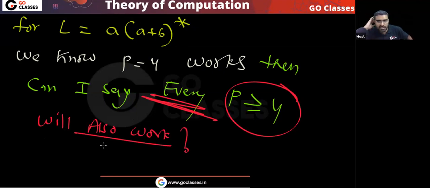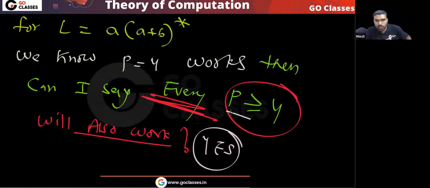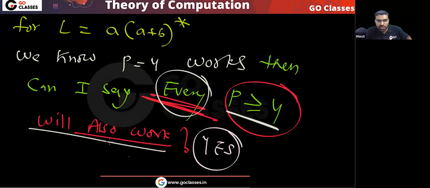Actually, the interesting thing is the answer is yes, and the logic will not change. The same y you can take. If p equal to 4 is working, then every p greater than or equal to 4 will also work. With the same logic, exactly the same y, it will work.